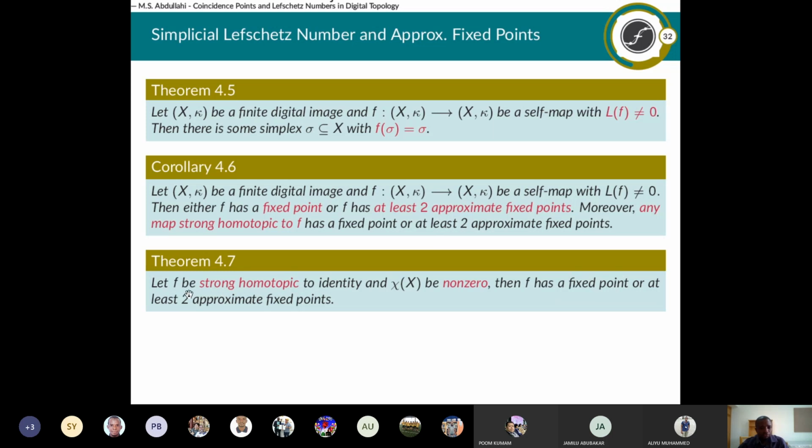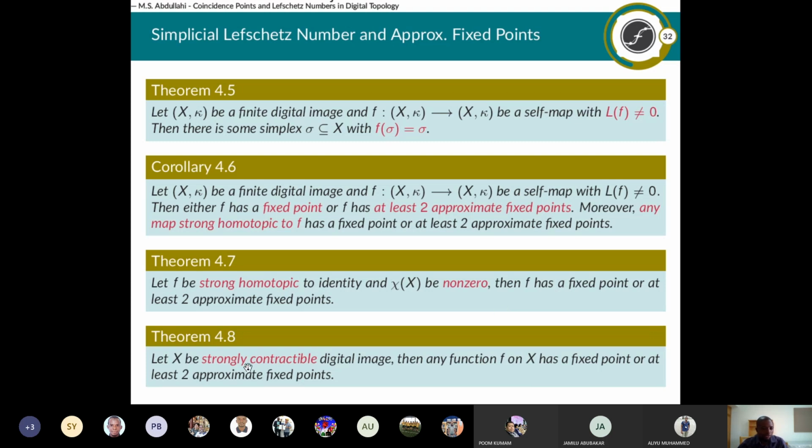Also, here we consider what will happen if we have a function that is homotopic to the identity. Here we don't know what the Lefschetz number is, but we know that the simplicial Euler characteristic of that image is non-zero. Then by this corollary, we will end up having either a fixed point or at least 2 approximate fixed points.